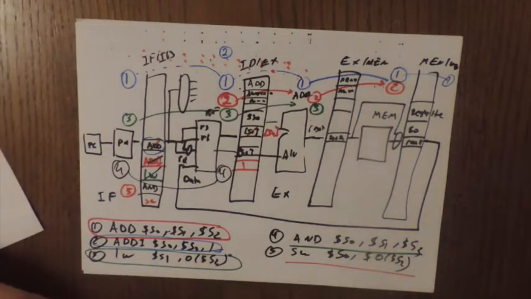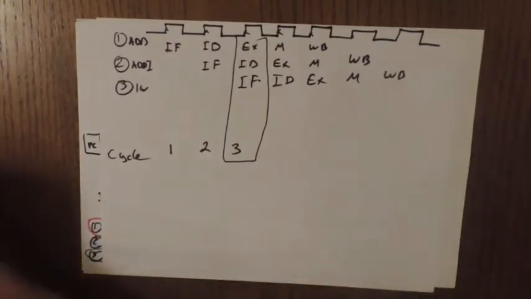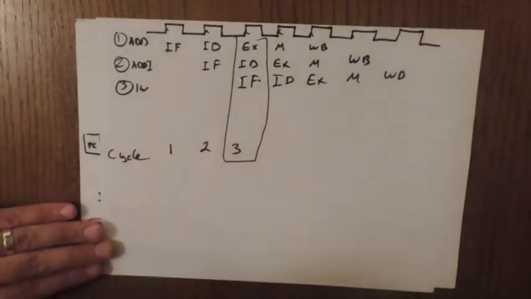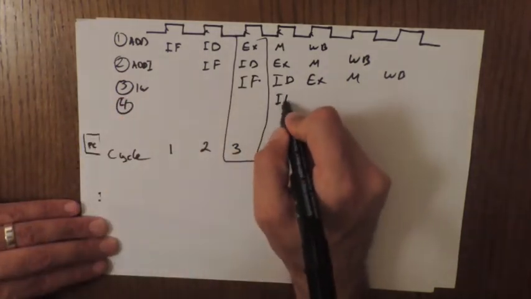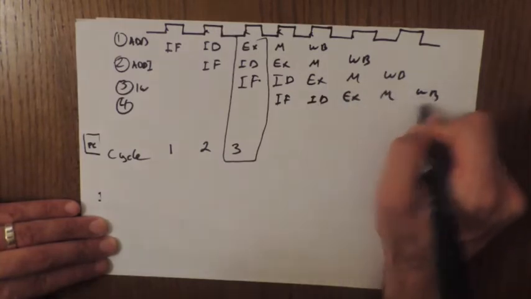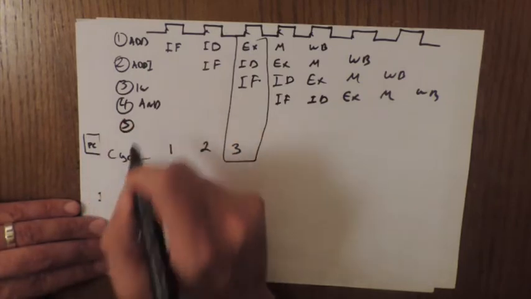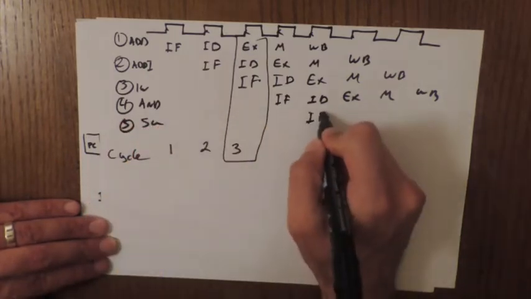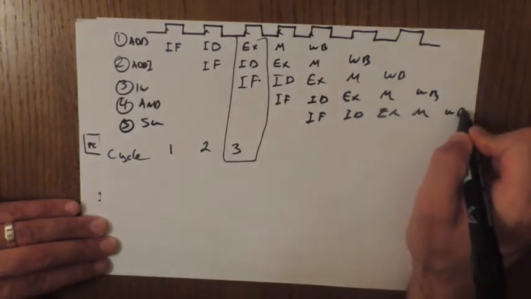How come? If we continue our schedule, assuming there is no dependency, we have IF, ID, EX, memory, and write back for the AND, and at 5 we have the SW, which is IF, ID, EX, memory, and write back.